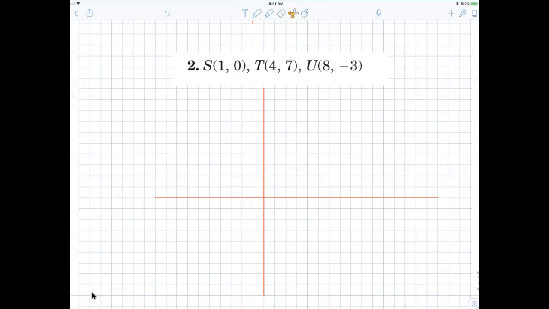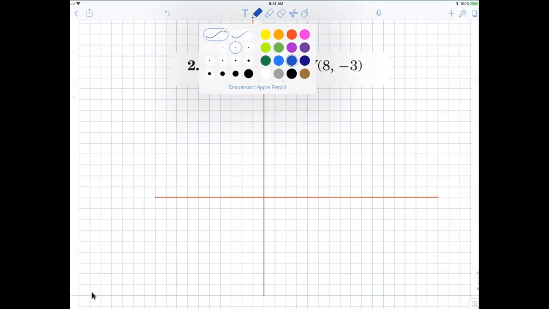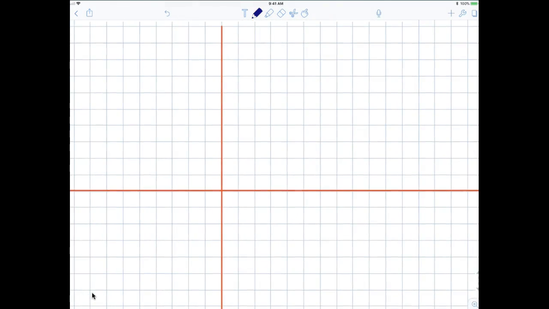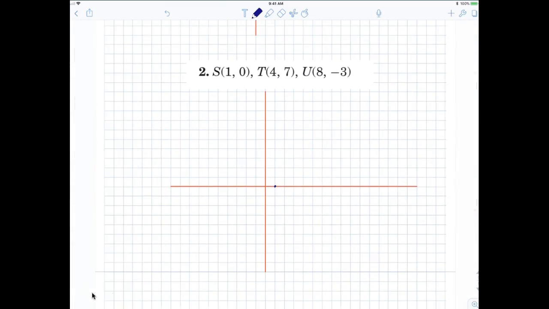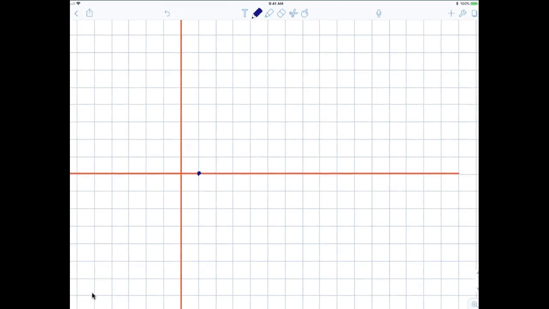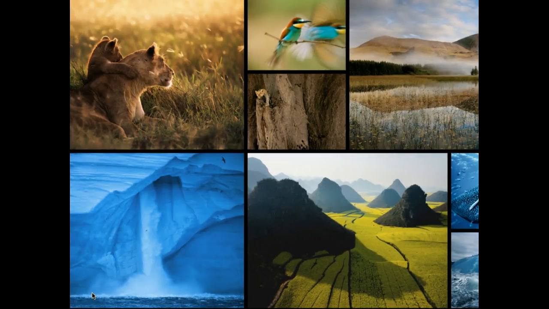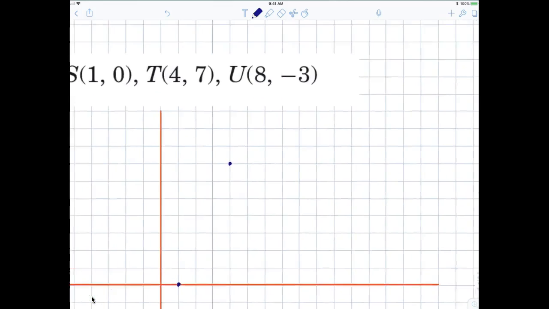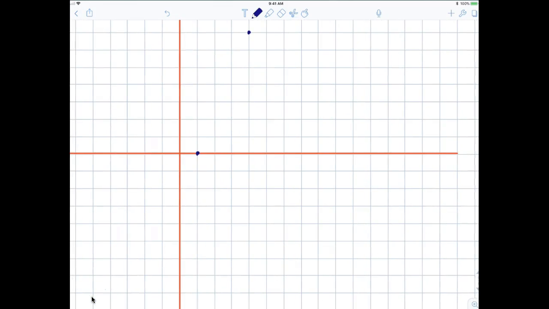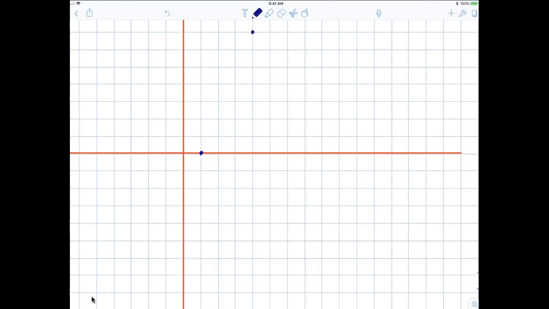Let's do 1, 0, and 4, 7, and then 8, -3.